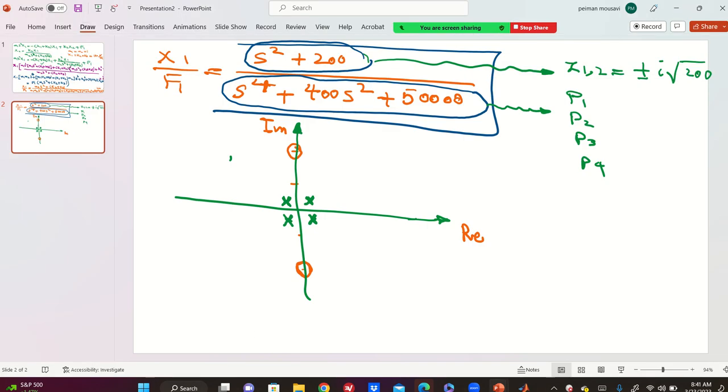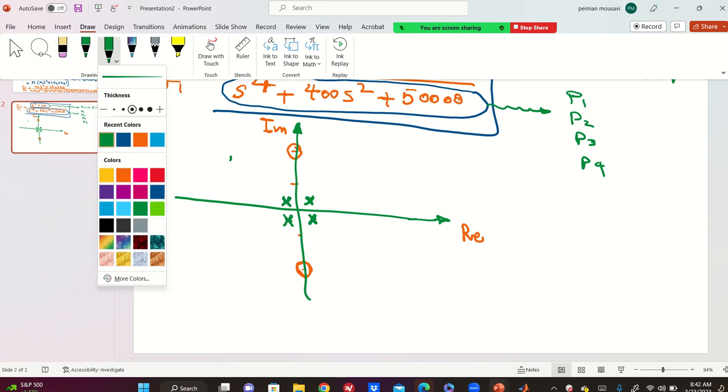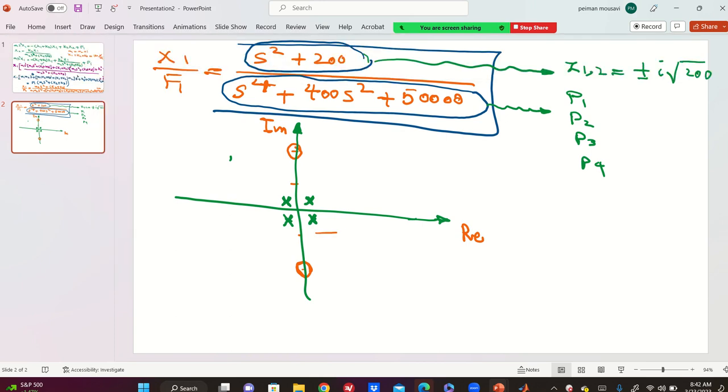So as I taught you, whatever is in the right hand side means your system is what? Unstable. Whatever here says is stable. Whatever poles are imaginary means your system is marginally stable.